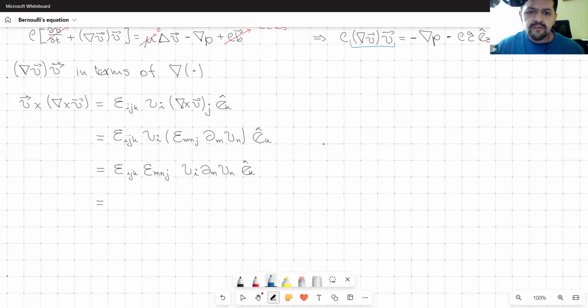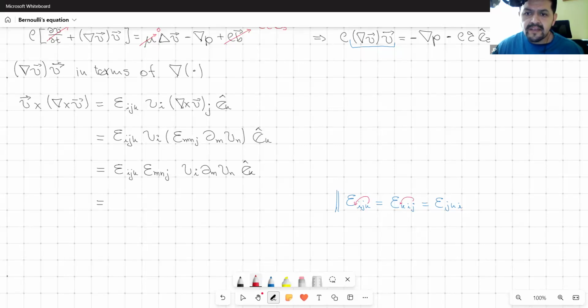Now, next, we will use a property of the permutation symbol that says that epsilon ijk is the same as epsilon kij, and this is the same as having epsilon jki. Put in other words, you can move the last one to the first position.